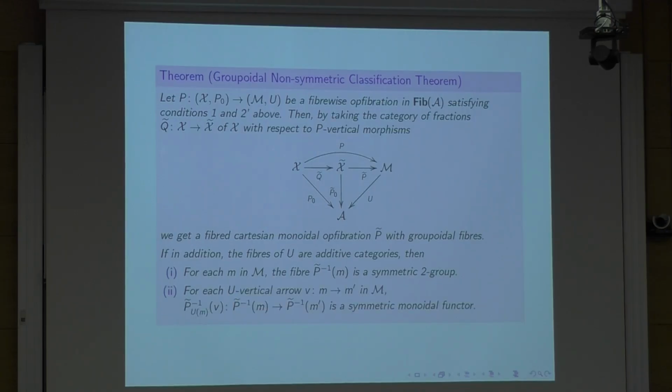And for each U vertical arrow from M to M prime, so if you take 2 objects of the same fiber over U, then the change of base functor is a symmetric monoidal functor, which respects this structure of 2 groups we have on both the fibers.